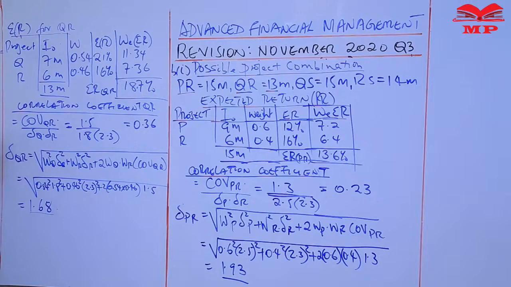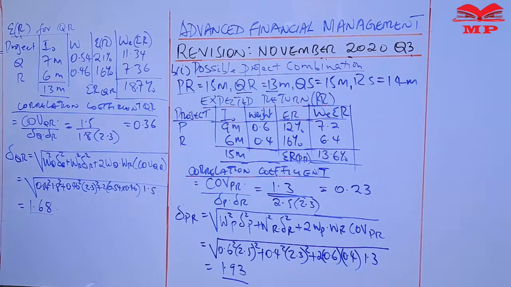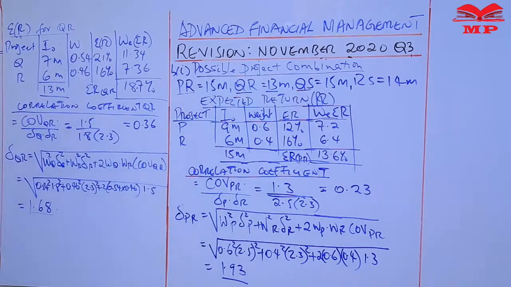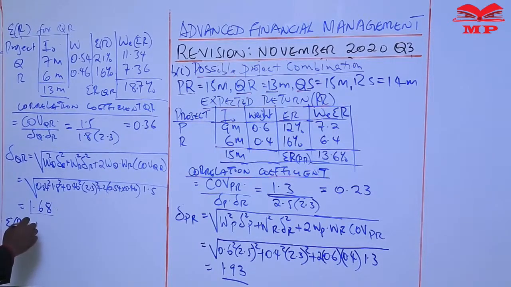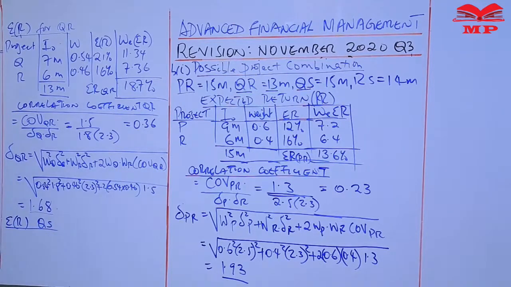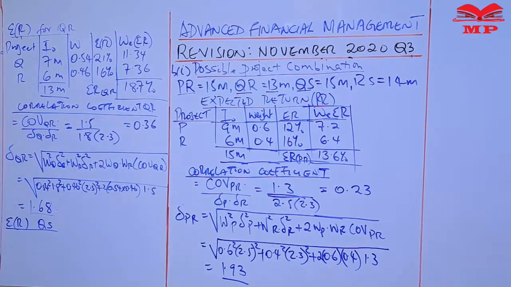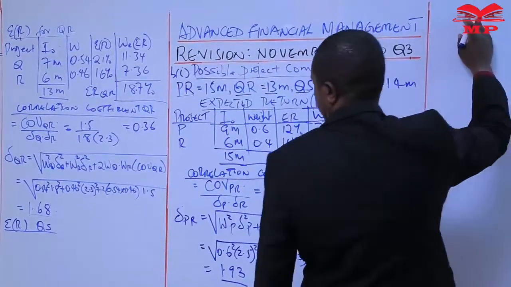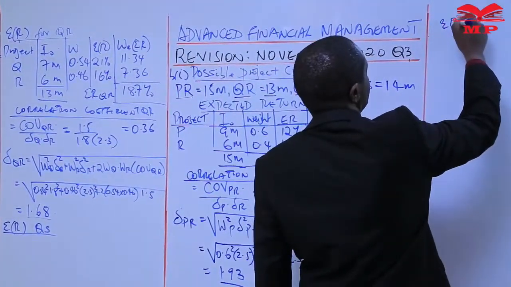We do the same for portfolio QS, candidates. We will begin with the expected return for portfolio QS. I need space, let me use this space.